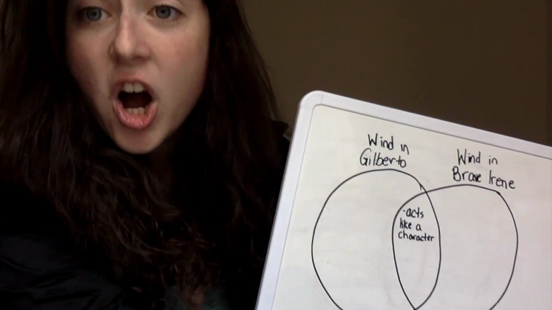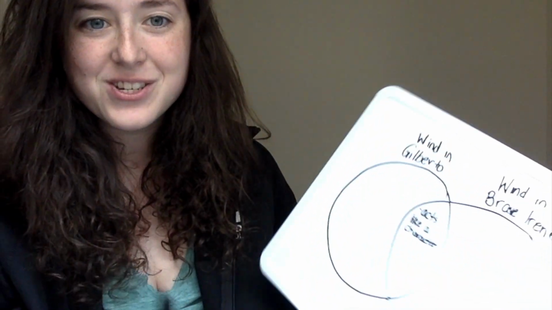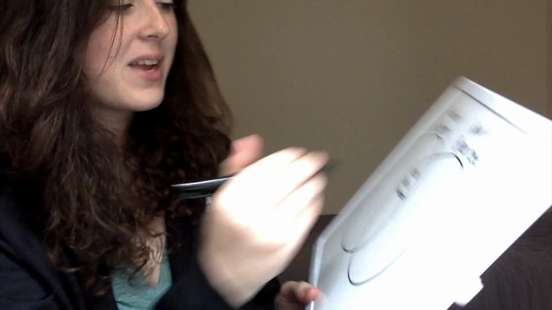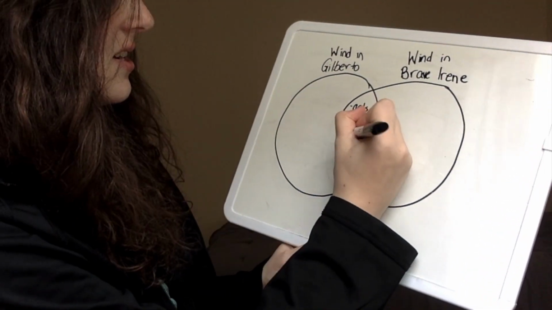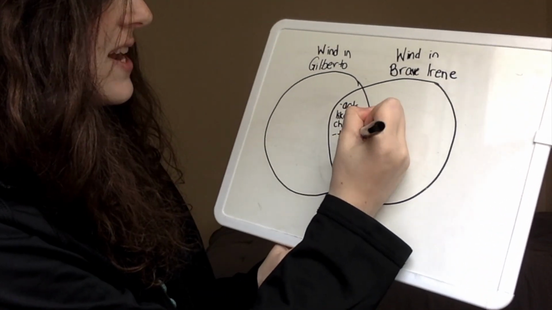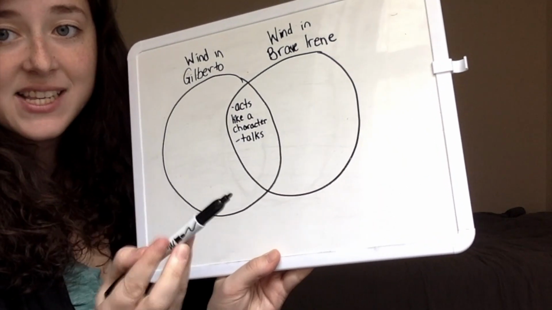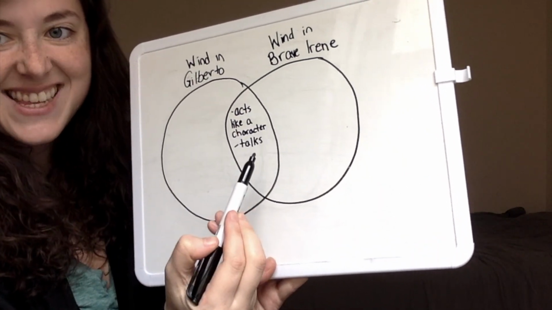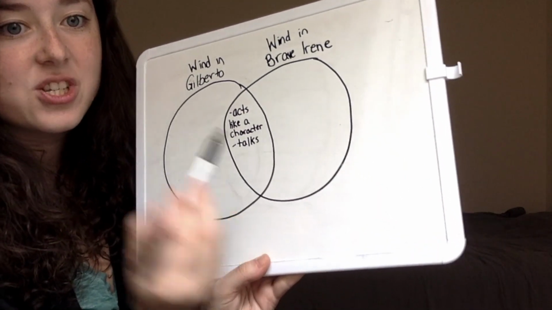That's right, the wind talked. In Brave Irene, the wind said, go home, over and over. And in Gilberto and the Wind, the wind was whispering, you. It's calling Gilberto to him, right? So I'm going to write talks right here in the middle because that's what the wind does in both books. That is the same. The wind talks.